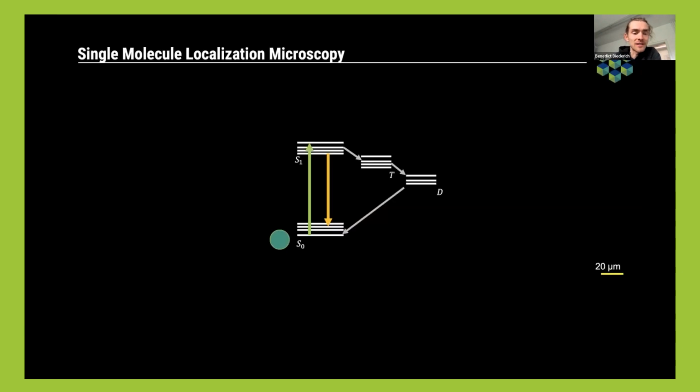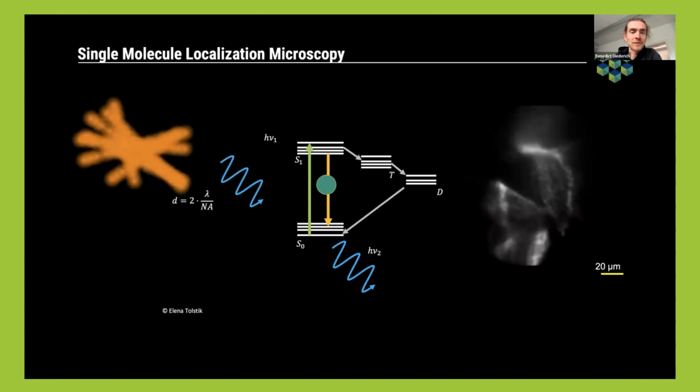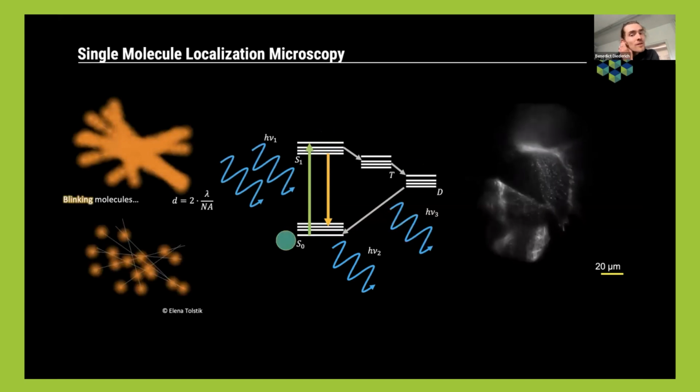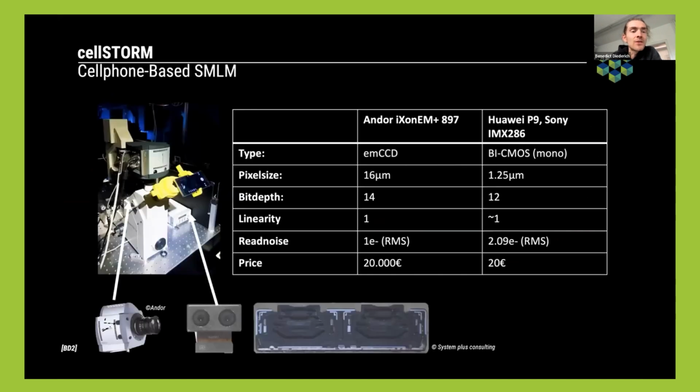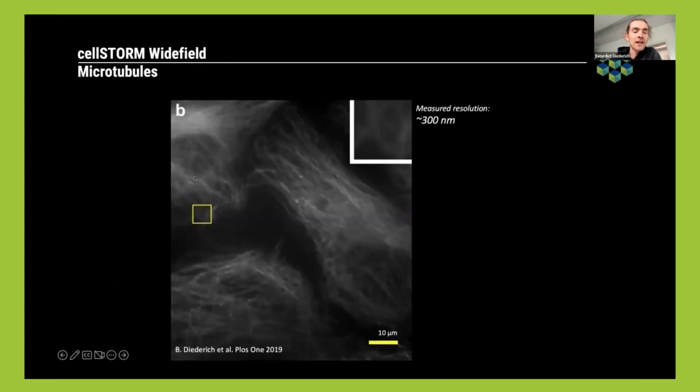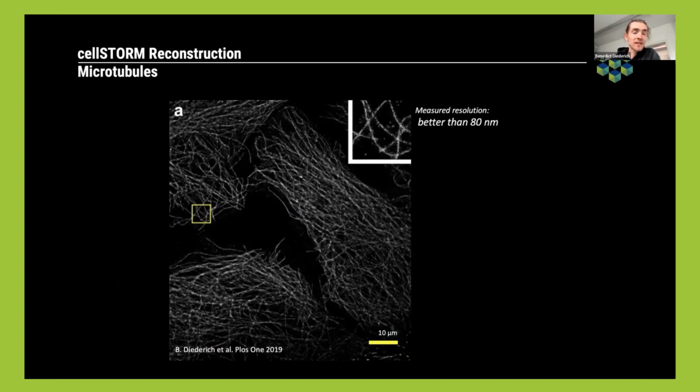I'm skipping how a STORM actually works, because we have heard that quite a few times today. But the problem is that in many cases you use this bulky machine with a bulky camera. In the first place, we just replaced the camera with a cell phone, and then you can achieve a resolution in the range of 80 nanometers, which was already quite nice.